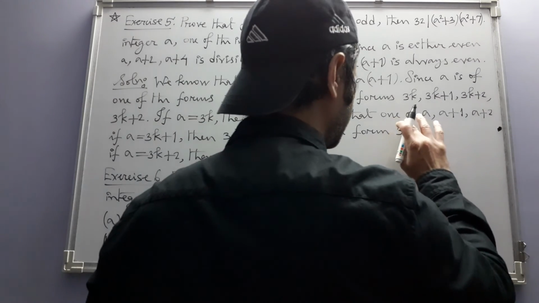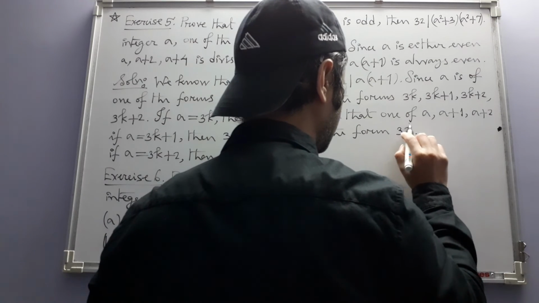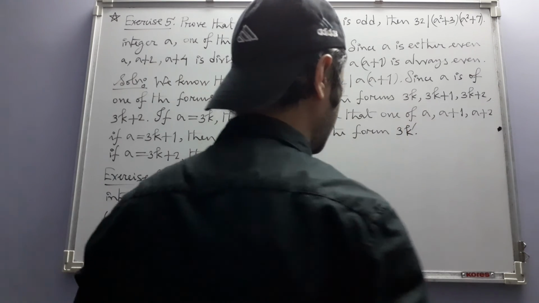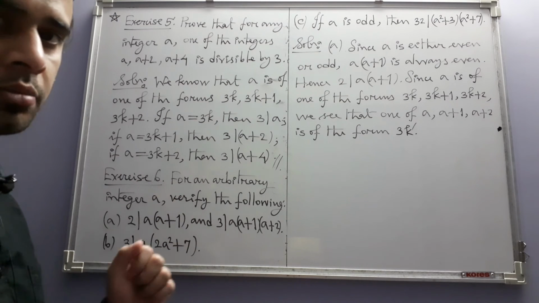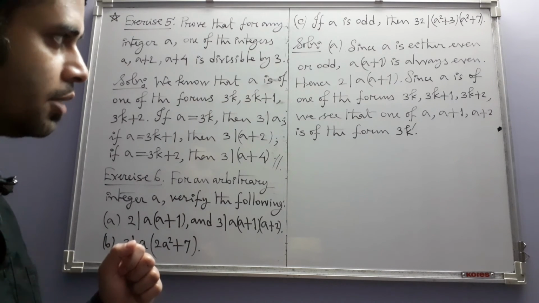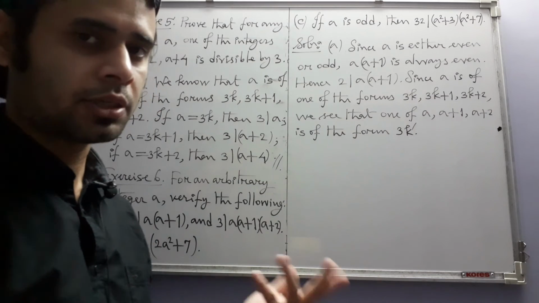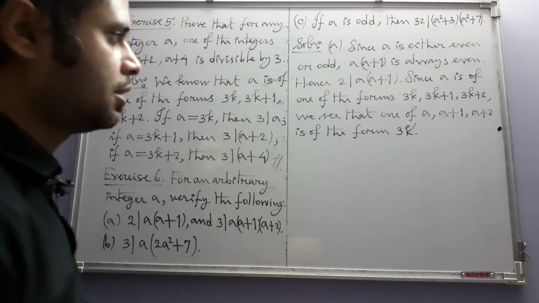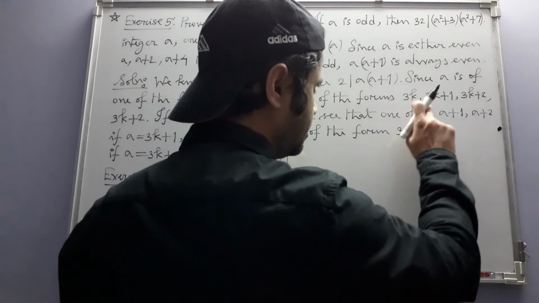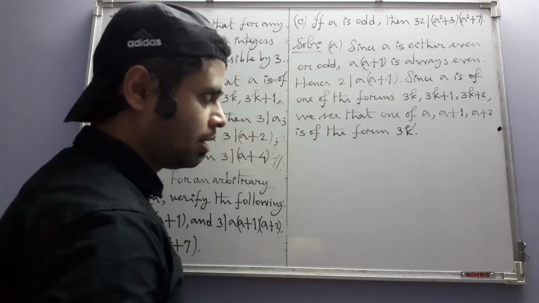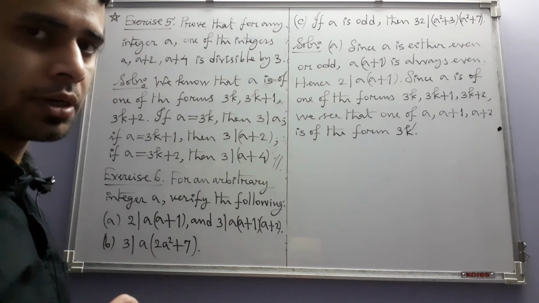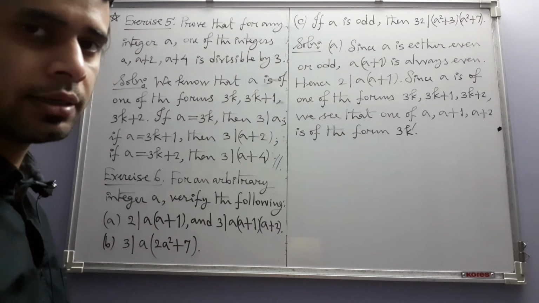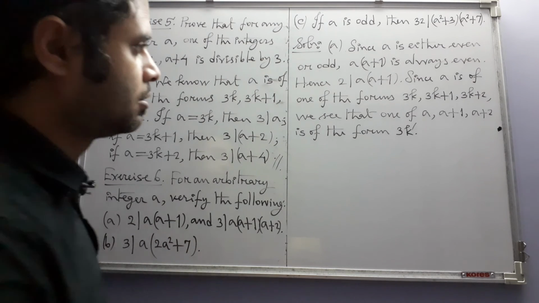Or if you find this somewhat confusing, let me write 3k prime. When A is of the form 3k, then of course A is also of the form 3k prime. K and k prime are the same. When A is of the form 3k plus 1, then A plus 2 is of the form 3k prime, because in that case it is 3 times k plus 1.